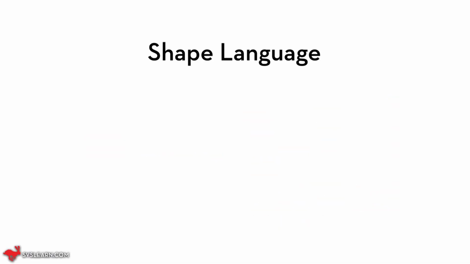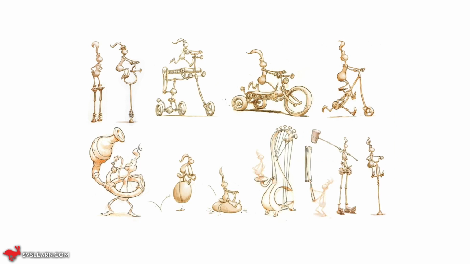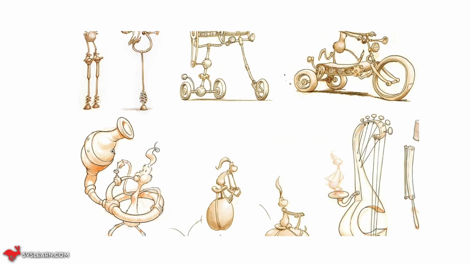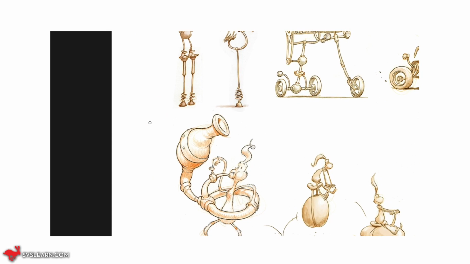This is the designs I did for Horton Hears a Who. These are some of the vehicles and some of the instruments. And one thing we established early on with Horton is we were looking at all Dr. Seuss's books. And all of his designs, there weren't straight lines.